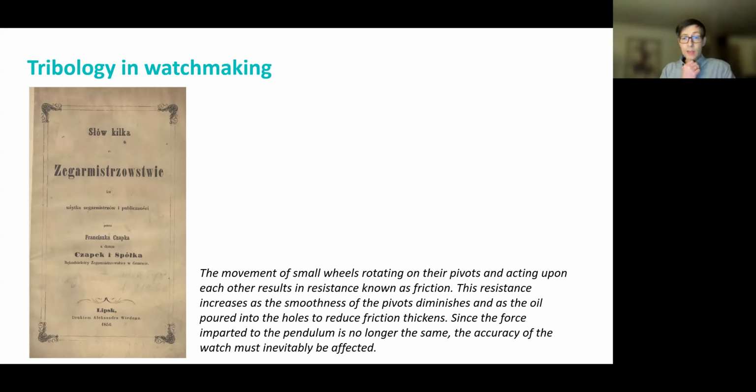But anyway, he recognized the importance of resistance, known as friction. He described the relationship between that resistance and the smoothness of the surfaces, especially of the pivots that he looked at, and the relationship between that process and the accuracy of the watch. So fascinating read.